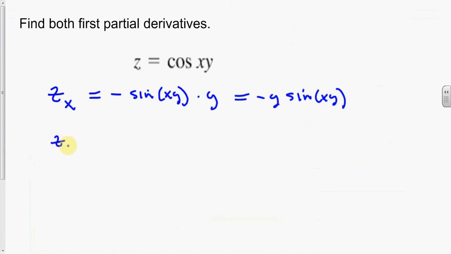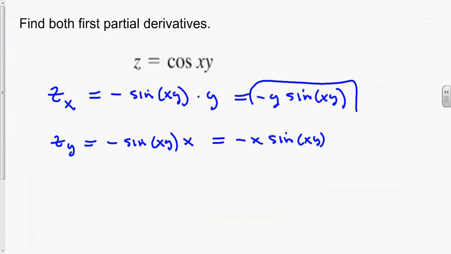Now the partial of z with respect to y, again x times y, that would be symmetric. So I would assume that the result should be negative x times sine of xy. All right, well, let's see. This is negative sine xy times the derivative of xy with respect to y, that's just x. So we write that as negative x times sine of xy. Okay?